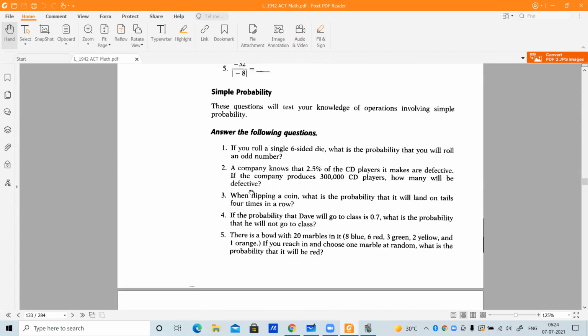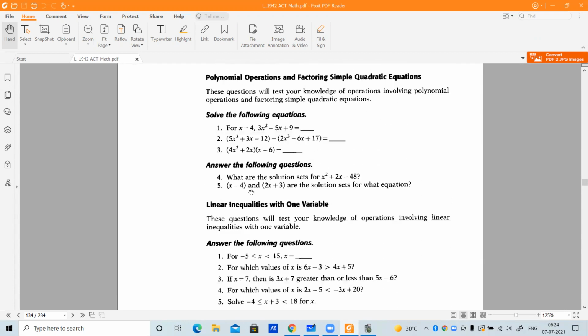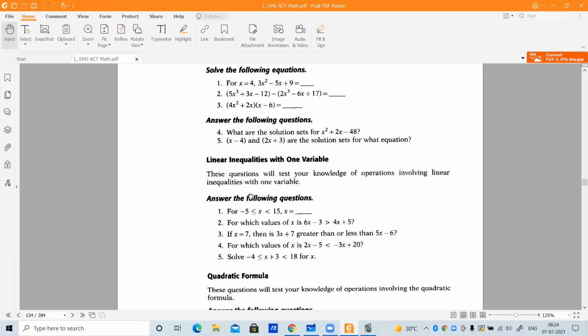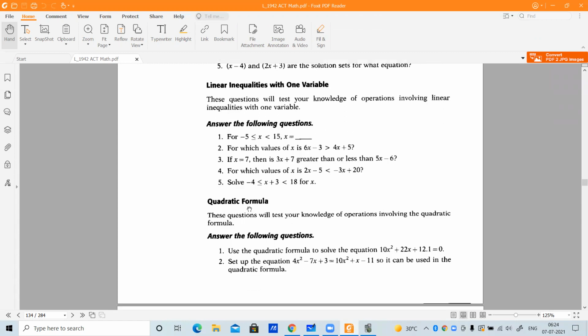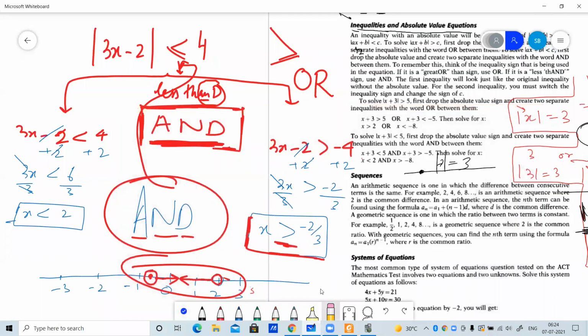So try to see the questions here on pages 159 and 160. Try to solve them, because it'll be more practice. When you practice more by solving the questions, you'll be able to grasp it more strongly, more firmly. You already have the questions there in the book, so try to do them.